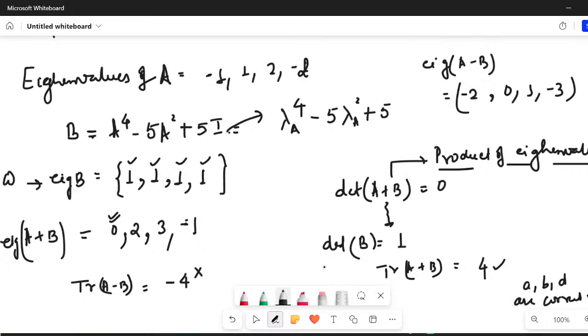Okay, so I hope it is clear. Should I go ahead? Okay, so this is a theorem, a kind of result that you should remember.